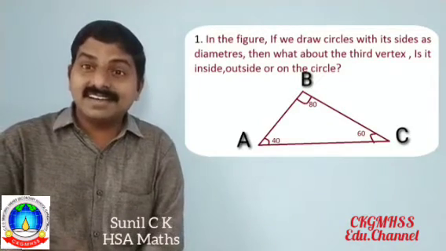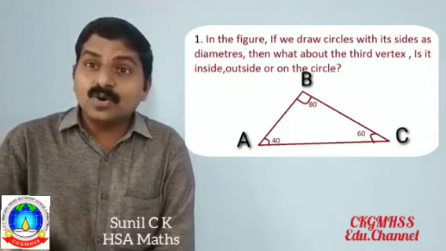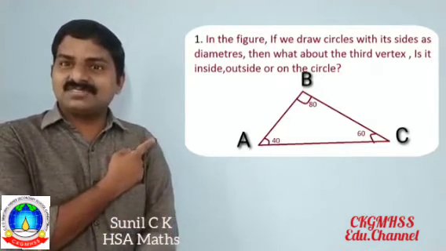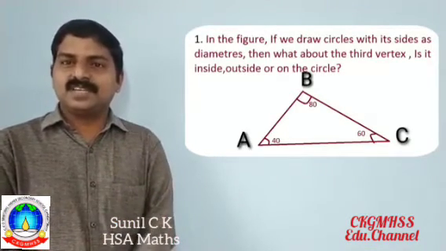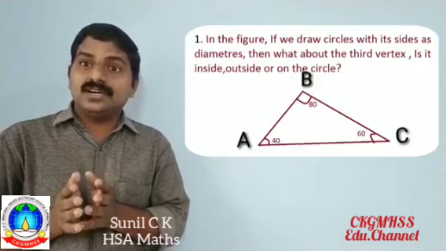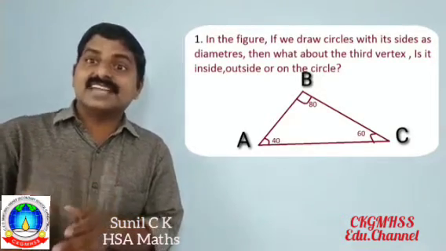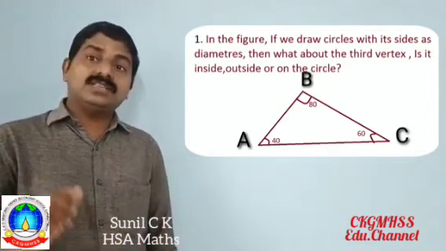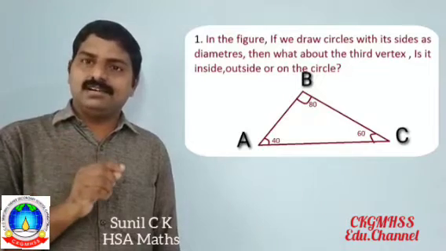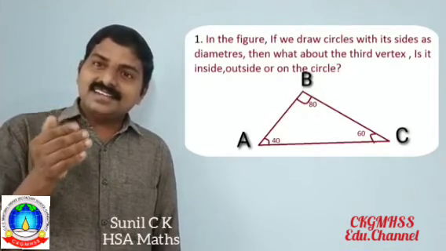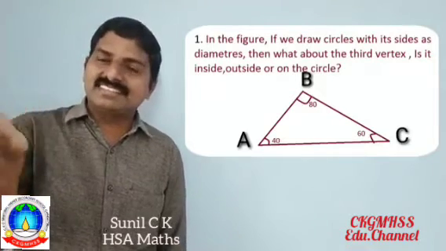Is it inside, outside, or on the circle? A triangle is given, triangle ABC. If we draw a circle with its sides as diameters, then what about the third vertex of the triangle? Is it on the circle, inside the circle, or outside the circle?